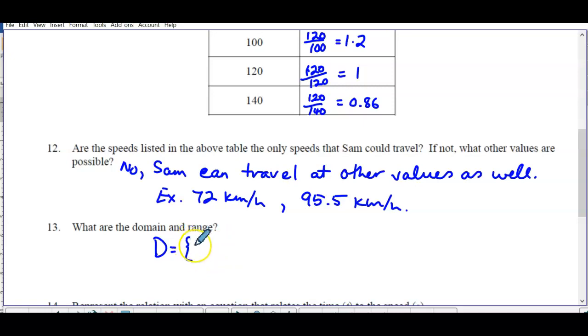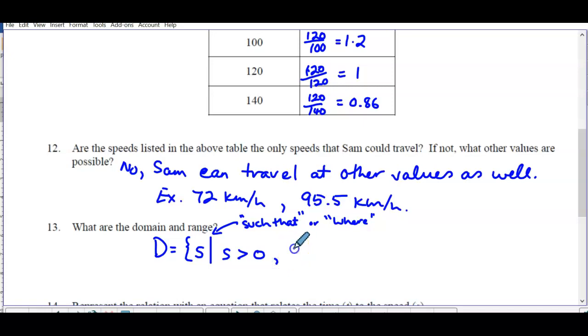When you're doing this kind of domain, when you're not listing it, you have to state what variable you're dealing with. So S inside your set brackets, and then you use a vertical line, which means such that, or where. So you're looking for all values of S where S is greater than 0.